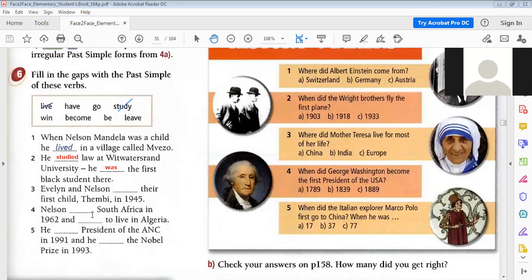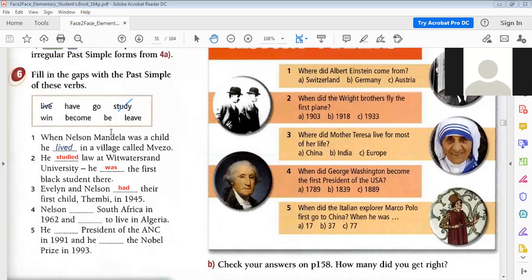What about number 3? Manal, would you like to do number 3? Okay. Evelyn and Nelson had their first child. First child, Zimba, in 1945. Okay.